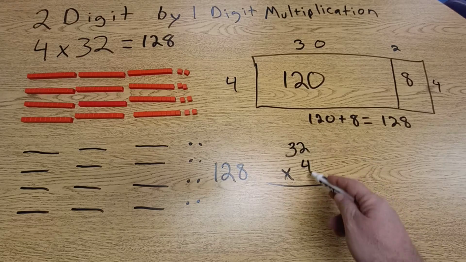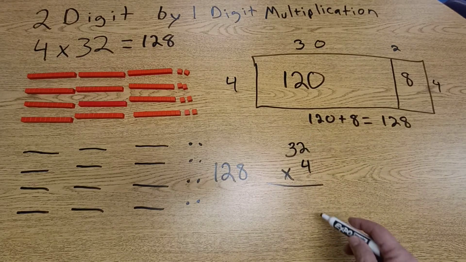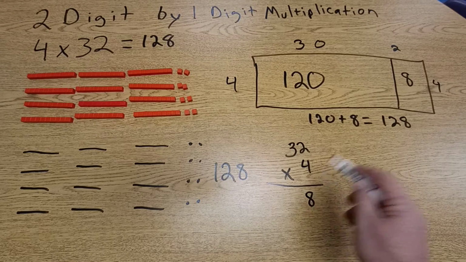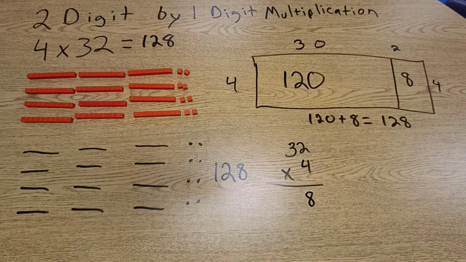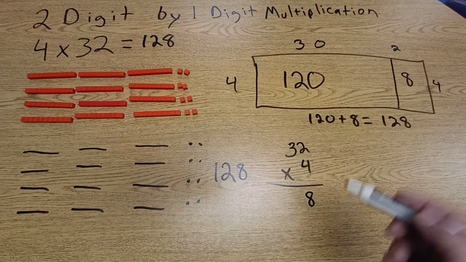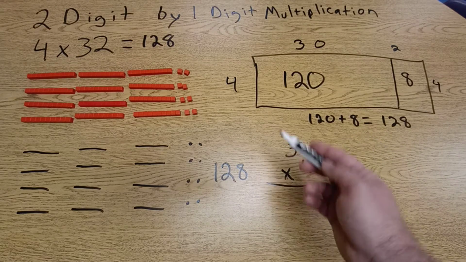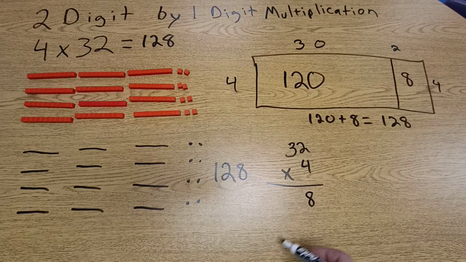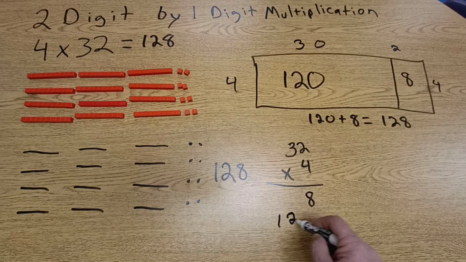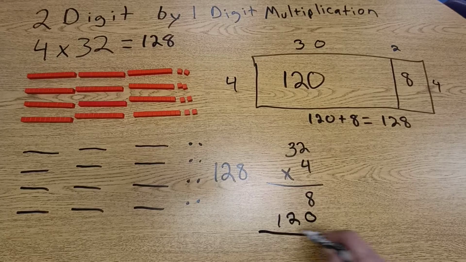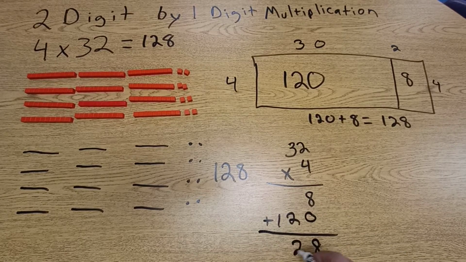I'll do 2 times 4, and 2 times 4 is 8. And I write that down right there. And then I do 3 times 4 is 12, but it was not 3 times 4, it's 30 times 4, and 30 times 4 is 120. And then you add those two together. That would be 8, 2, and 1, 128.